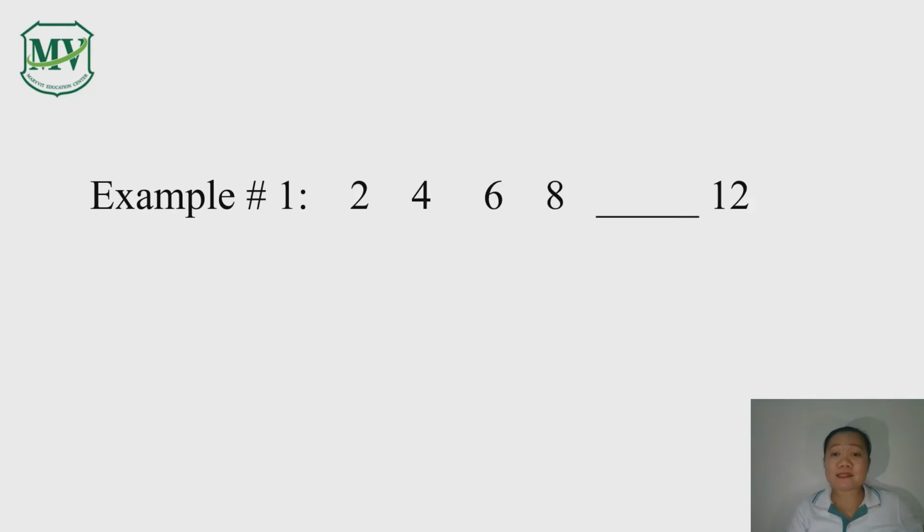So let's start with 2. 2 plus 2 becomes 4. 4 plus 2 equals 6. 6 plus 2 equals 8. 8 plus 2 equals 10. So our missing number is 10.